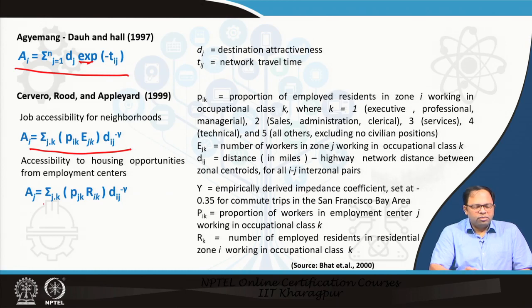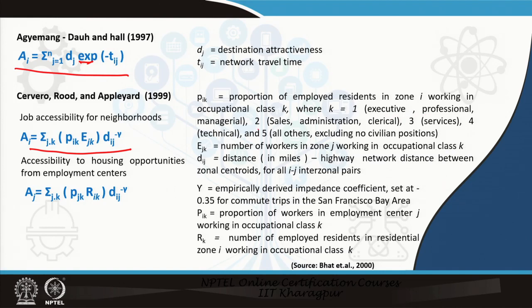Now, the take home from this is we see that in gravity measures, again we introduce these two new variables, where Pik is basically the proportion of employed residents in zone i working in occupational class k, where k could be equal to 1 executive, professional, managerial, 2 sales, administration, clerical, 3 services.